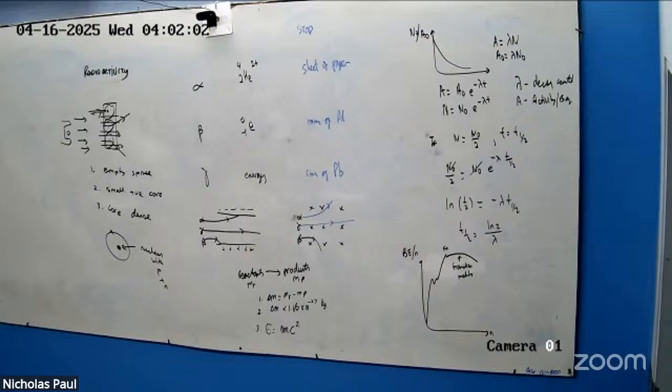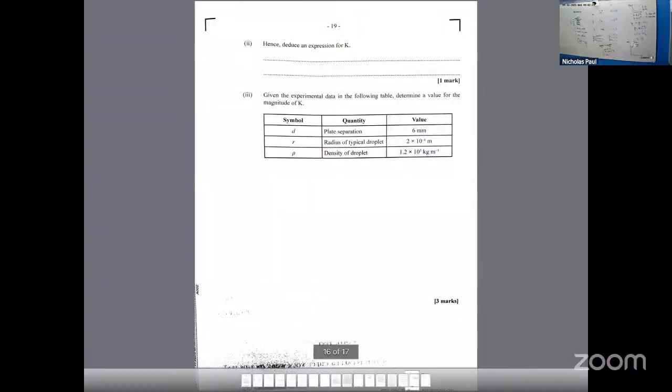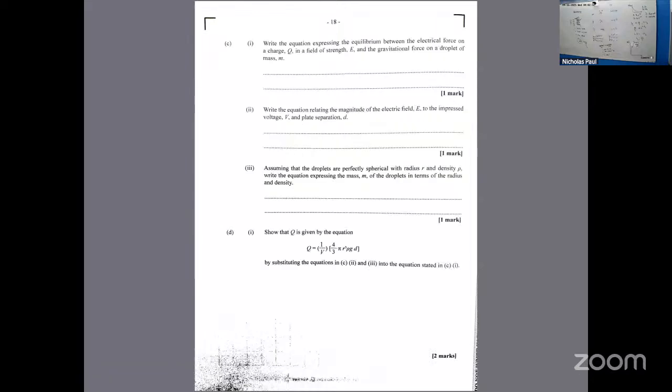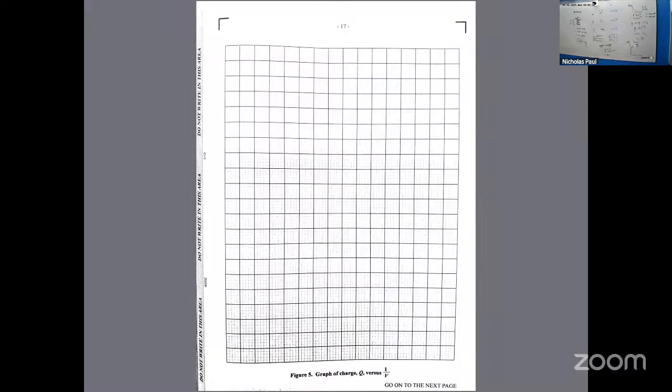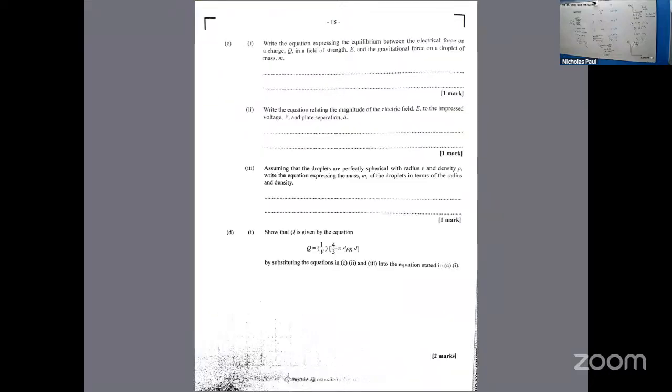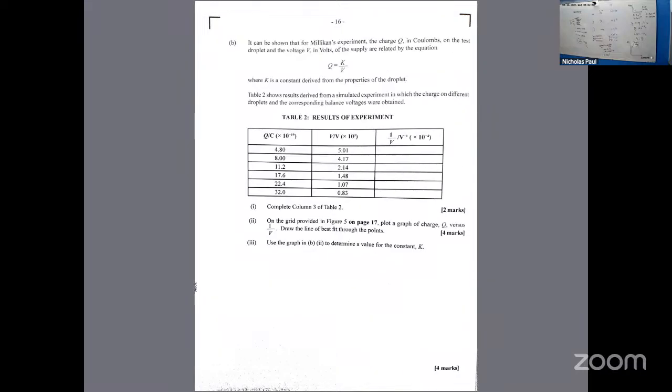2024 had a piece of radioactivity in it, huh? A piece of radioactivity at the end. 2019, 21, 22. Oh, no, I was wrong there.